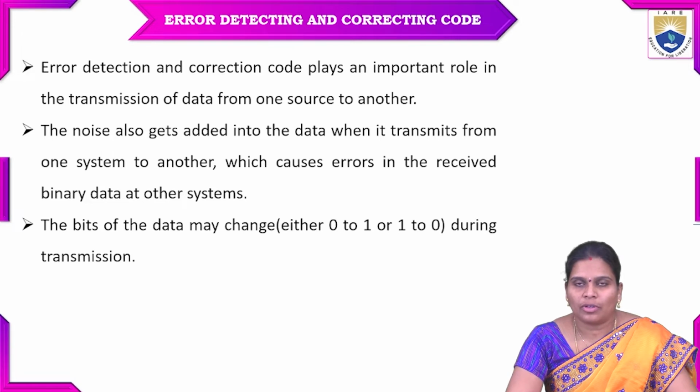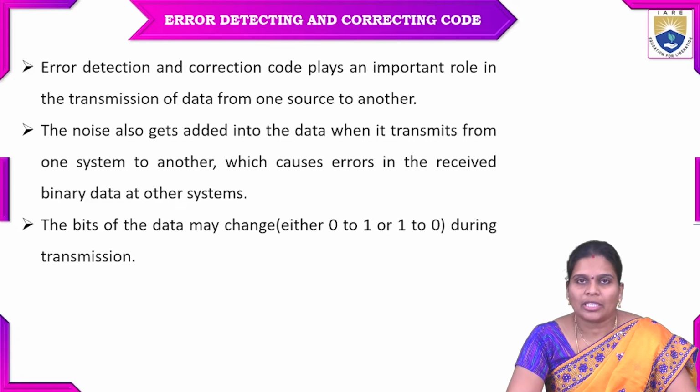If, instead of a 0, we send a 1, the receiver receives data completely opposite of what was transmitted. Even a single bit changing changes the total data, so we have to detect it easily.